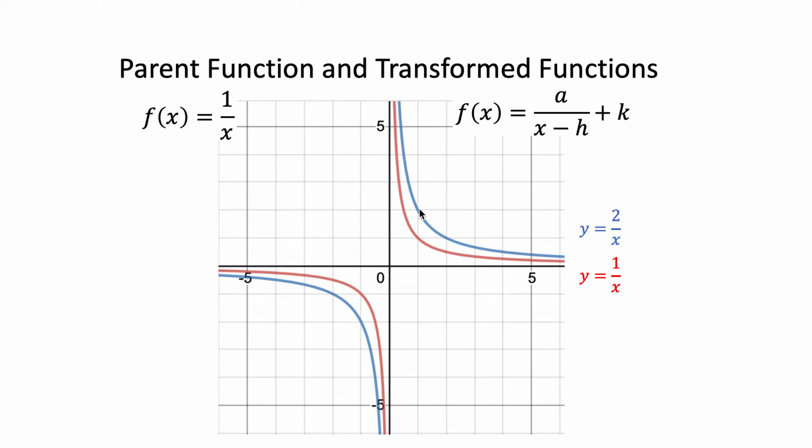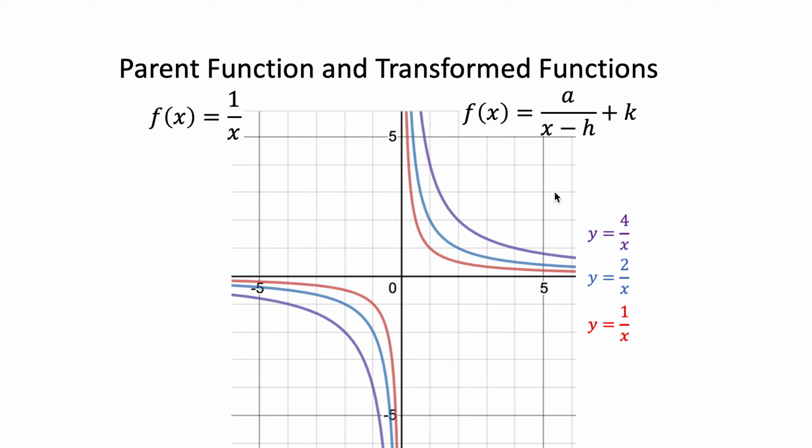Instead of going through (1, 1), it goes through (1, 2) and (2, 1), and here (-2, -1) and (-1, -2). Interesting. This is 4 on x, going through (1, 4), (4, 1), (-4, -1) and (-1, -4). And by the way, look, it goes through (2, 2). I'll talk about that in a minute.